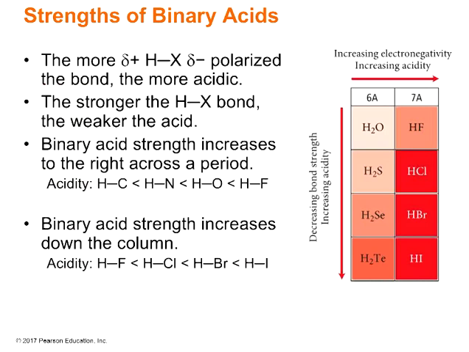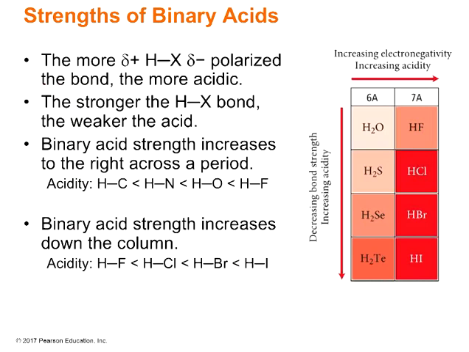So for binary acids, in general, the more polarized the bond, the more acidic the acid is. And then the stronger the hydrogen bond to the nonmetal atom, the weaker the acid. So remember, acid strength has to do with how easily a hydrogen ion is donated.